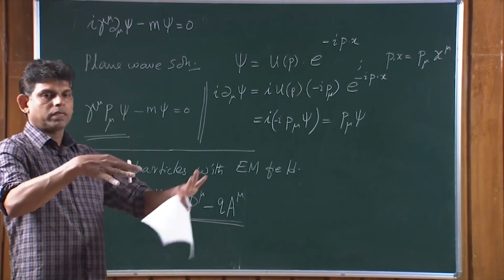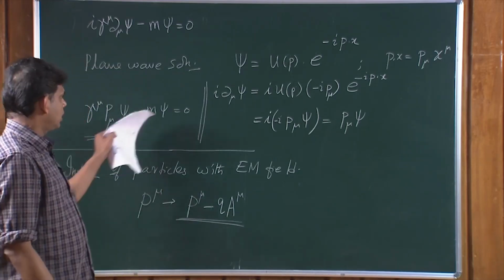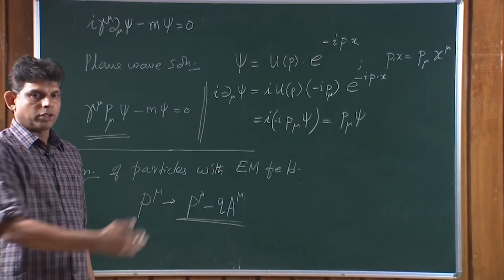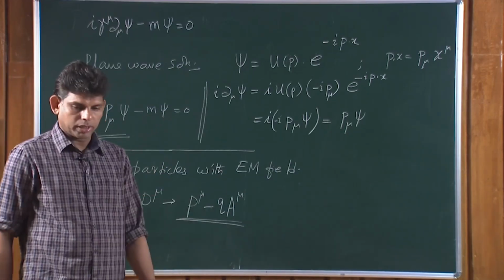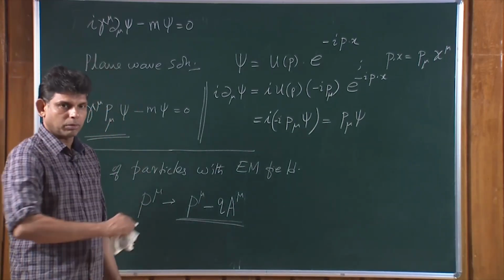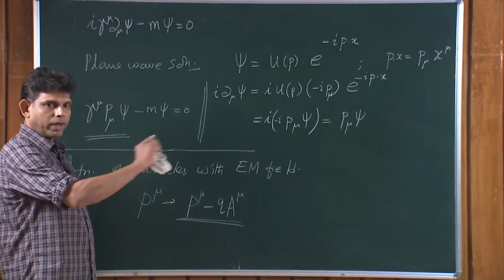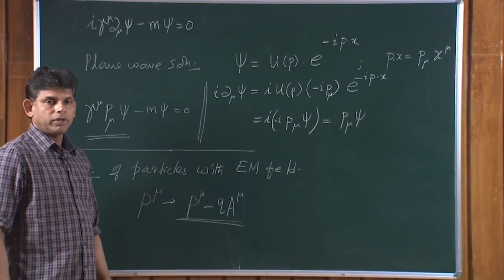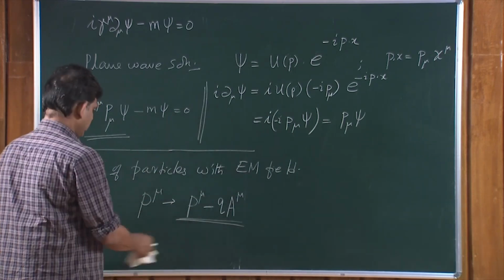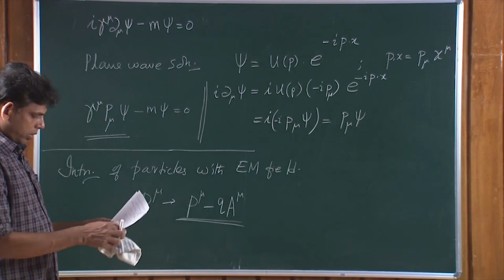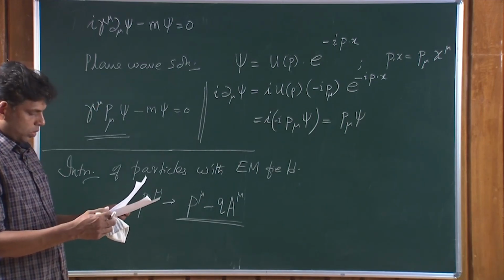Of course, the electromagnetic field itself is not described otherwise; that will have to be added through Maxwell's equations, which can be incorporated there as well. But this is concerning the charged particle motion. The charged particle moves, and along with that it encounters an electromagnetic field represented by A mu.